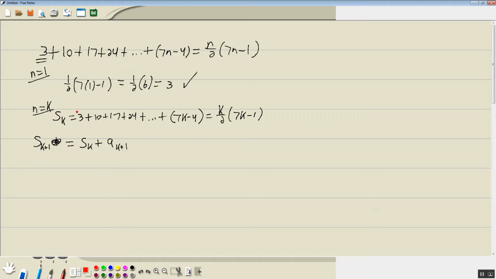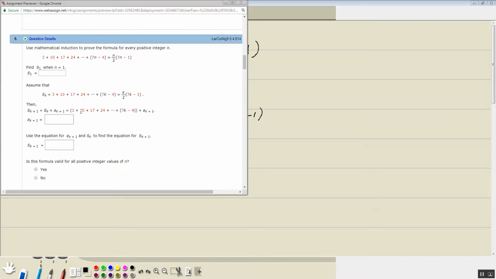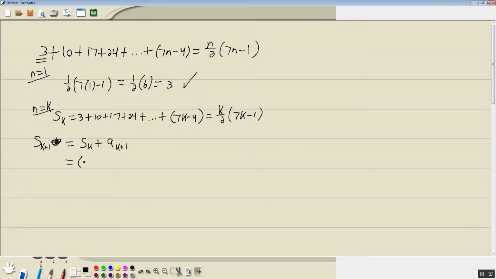Now we know what s sub k is because that's from the previous step here. So that's why they plugged that in here for s sub k. So you got 3 plus 10 plus 17 plus 24 plus 7k minus 4 plus a sub k plus 1.